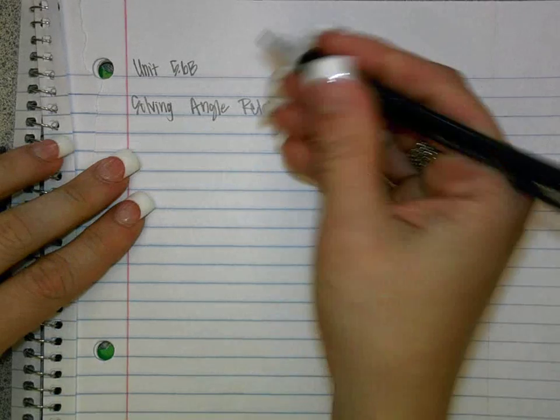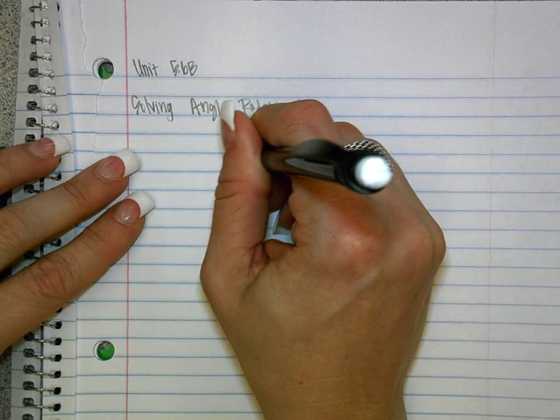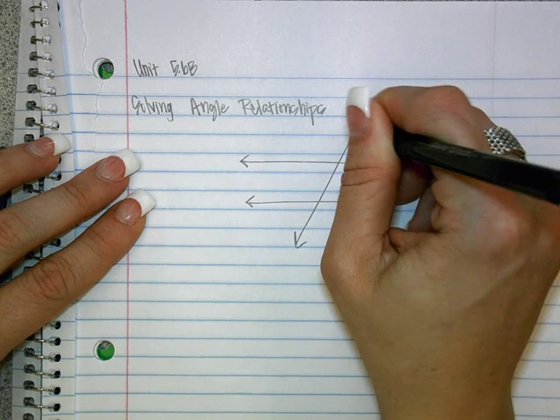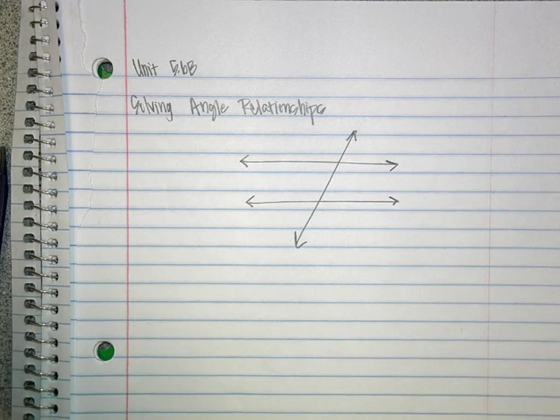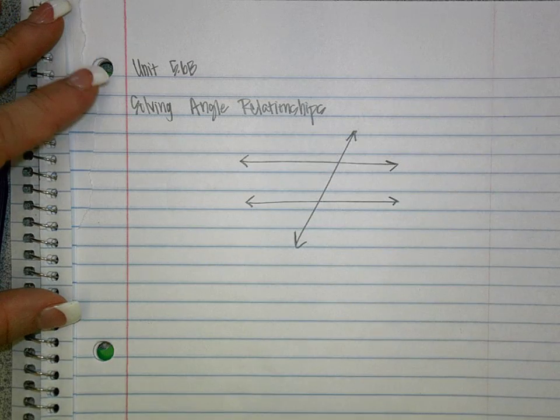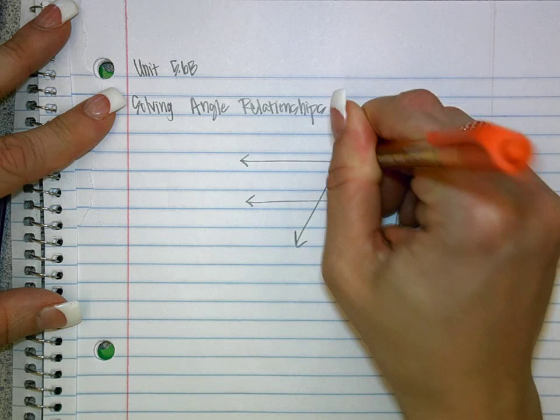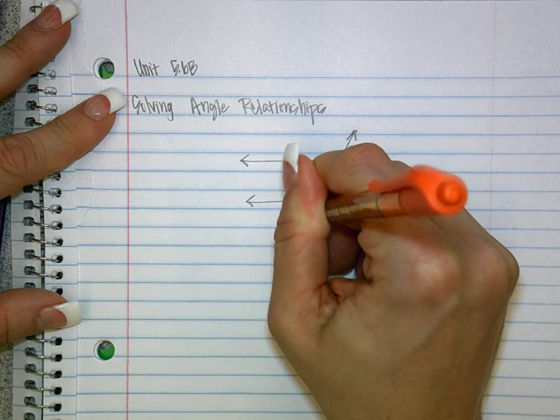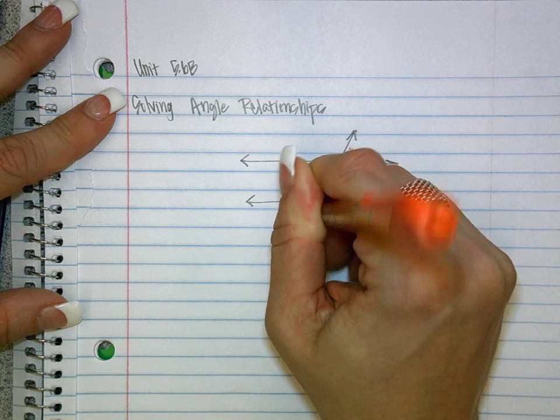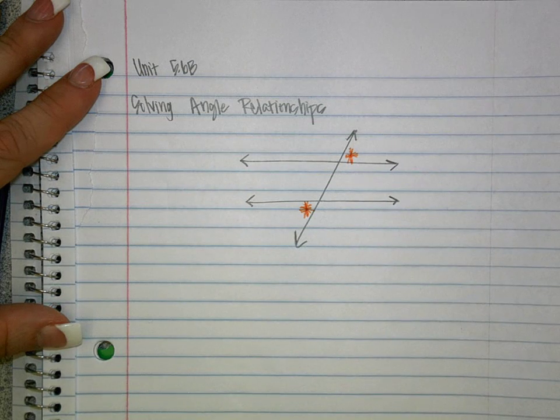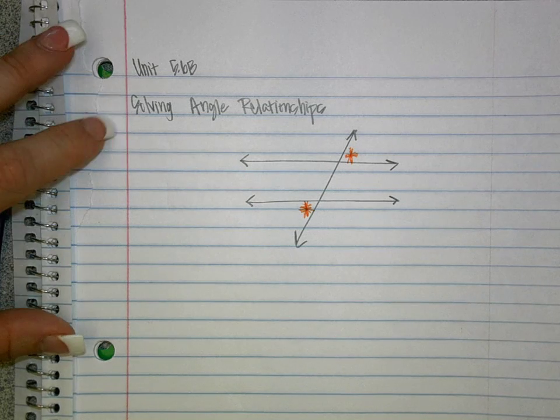You're still going to have pretty much the same setup, two parallel lines with a transversal going through them. The first one I want to look at is if we had this angle and this angle. If I was looking at those two angles, what would we call that angle relationship?